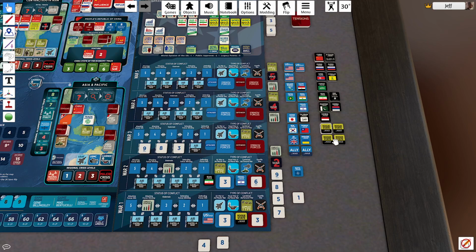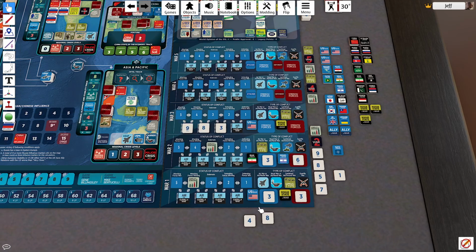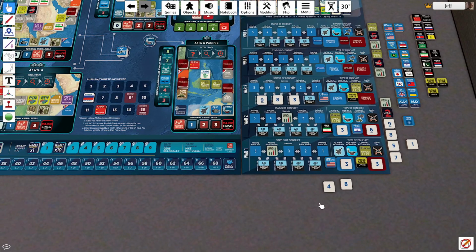It's an air-ground war against a rogue state. United States is the attacker. So we're at 20. And I believe they start off at... Rogue State, level 1, starts off at a 4.